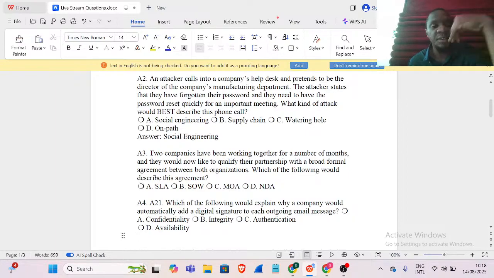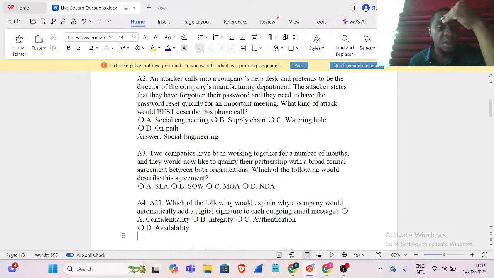Statement of work is also more about the time frame and the deliverables, what is to be delivered and when it is to be delivered. Then we have NDA. NDA is a non-disclosure agreement, an agreement whereby you're not supposed to disclose sensitive information that you have gained during the course of any partnership.